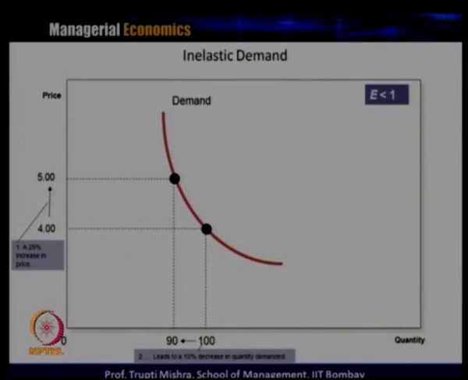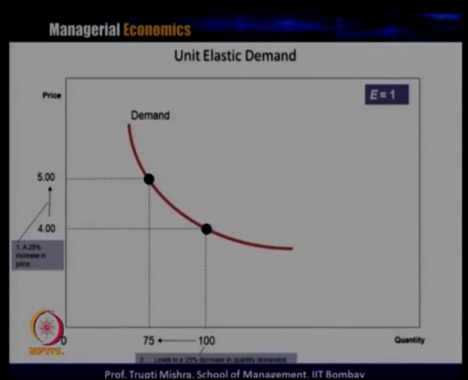So, the percentage change in the price is greater than the percentage change in the quantity demanded, or in other words, the percentage change in the quantity demanded is less than the percentage change in the price. That is the reason this is the case of relatively inelastic demand, because the buyers are less responsive to the change in the price, and the elasticity takes a value less than 1.